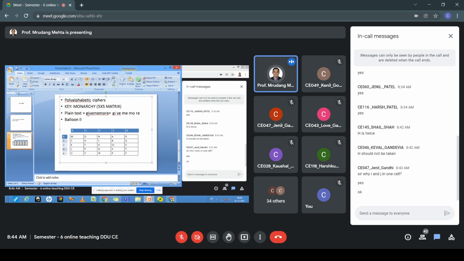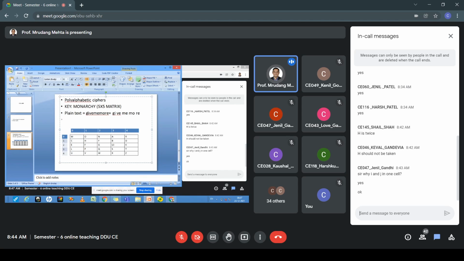There should be a replacement by some dummy character for that character. So one set of two characters should have two unique characters. Okay, so first you have to do the initial arrangement like this.